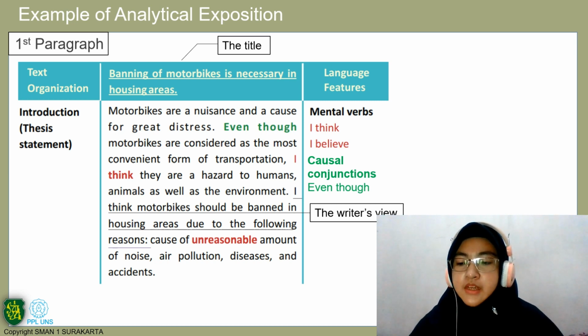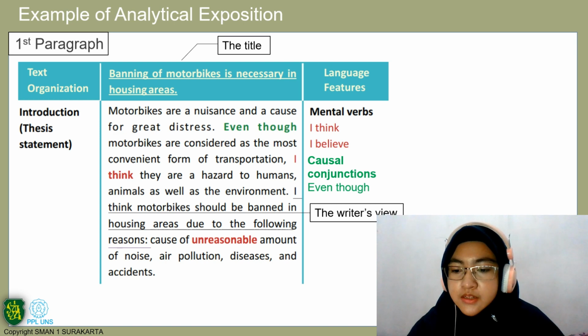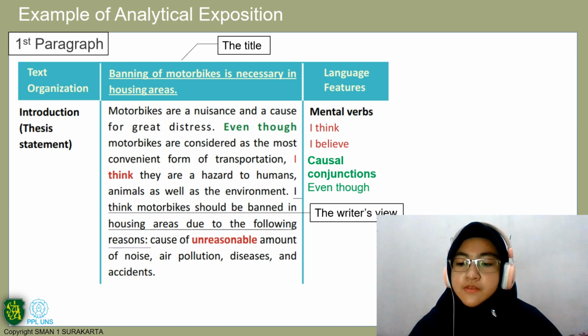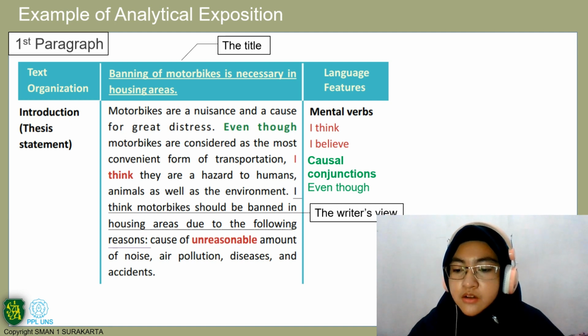Okay. Here the writer writes, I think motorbikes should be banned in housing areas due to the following reasons. And then the writer also states his or her brief arguments here, because of unreasonable amount of noise, air pollution, diseases, and accidents.